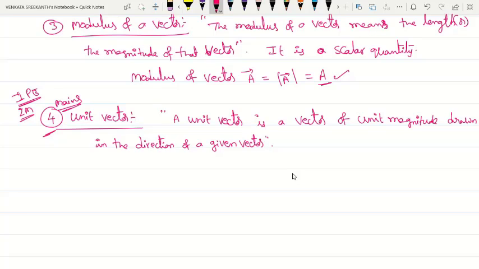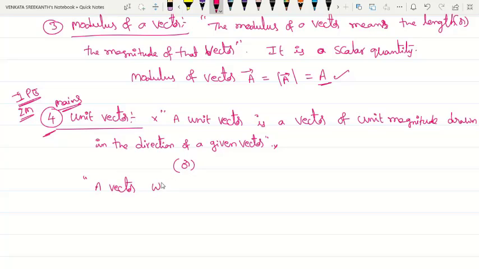Maybe you will feel some difficulty with this definition, so I will tell you a very easy way. A vector having unit magnitude. Otherwise, my dear students, please don't follow the first definition. I will tell one simple definition, and this one you can also write.